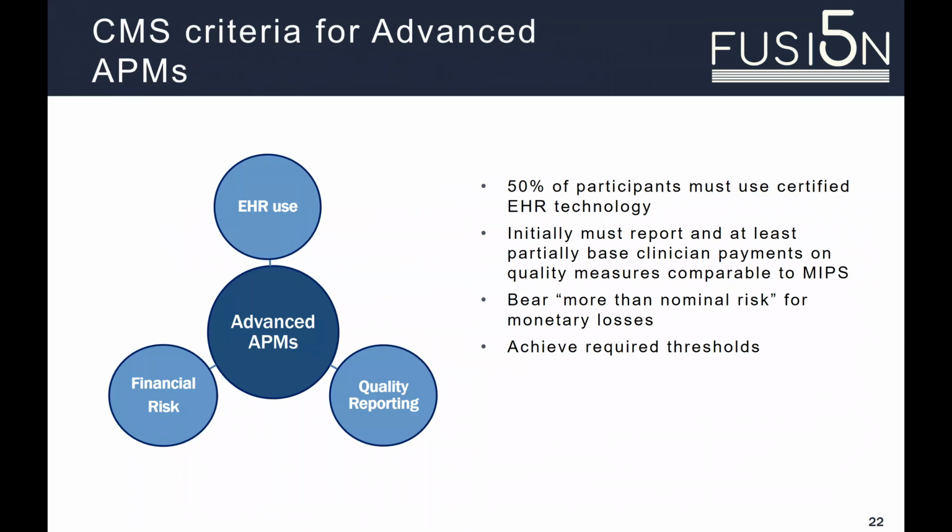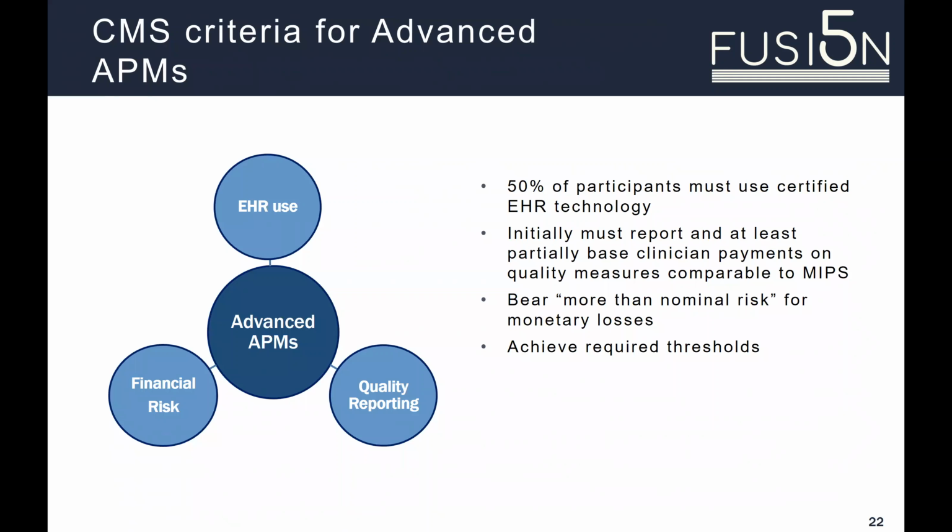You do have to be using a certified EHR, 50% of your physicians within your practice, which most here probably are. There are some quality reporting requirements with BPCI Advanced. As we said, right now it's claims-based. Come 2020, there will likely be more quality reporting requirements.